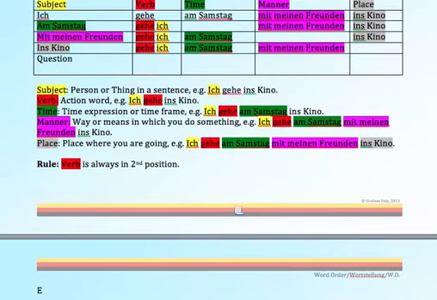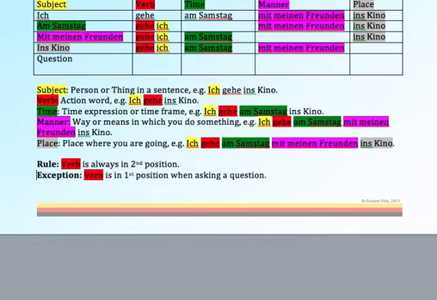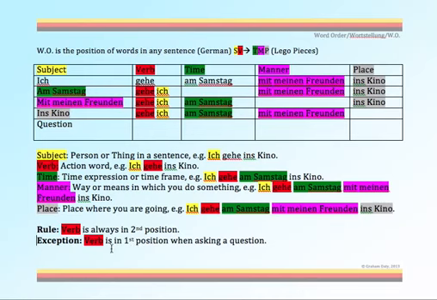I'll just write it. The exception here, it just went off the screen for a moment. Exception, the verb is always in first position when asking a question.